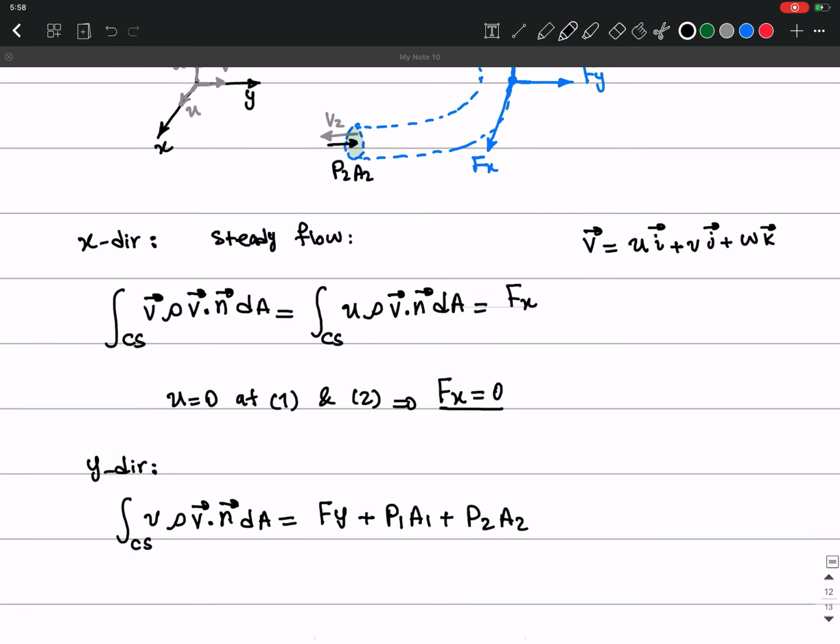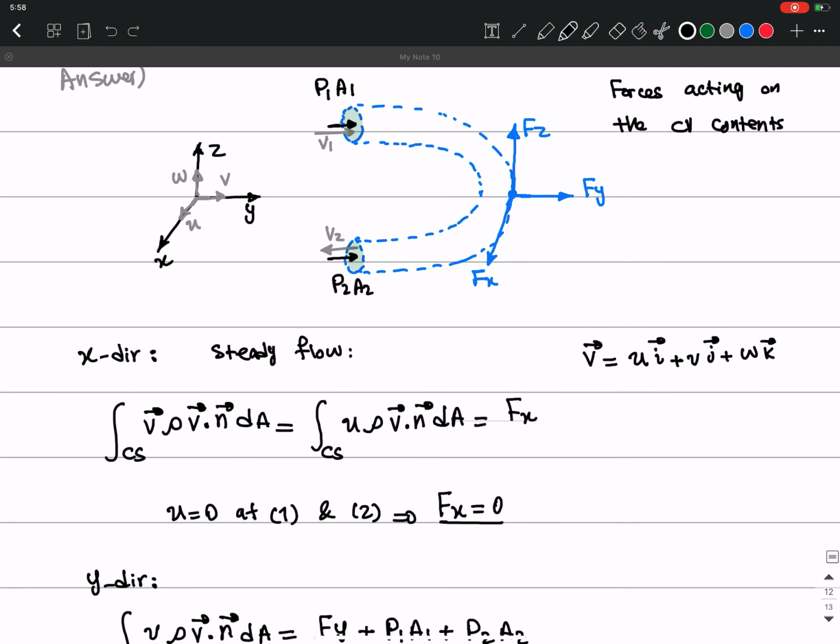And then let's evaluate this one. The way I'm going to evaluate it is as follows. So we have v at 1. You see here the velocity vector, this is inflow, right? So we have to have a negative sign. And then this is outflow that is going out.